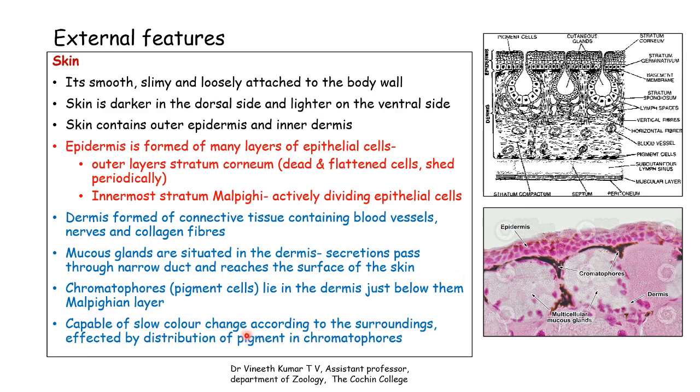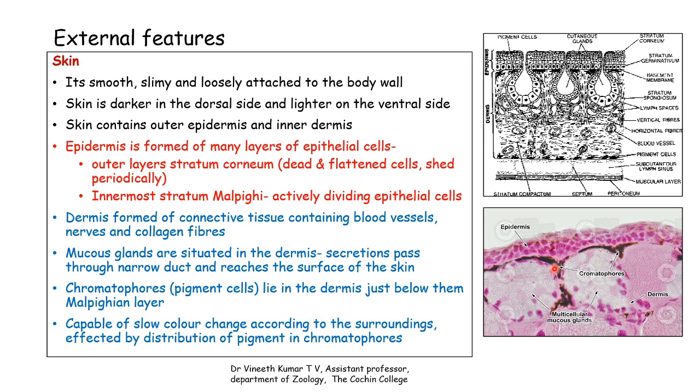They are capable of slow color change according to the surroundings, and this is affected by the distribution of these cells. So when they are in a darker environment, their skin becomes darker. They cannot completely change the color. The color becomes darker because of the distribution. All the chromatophores become concentrated on top, under the Malpighian layer, so that the color becomes darker.